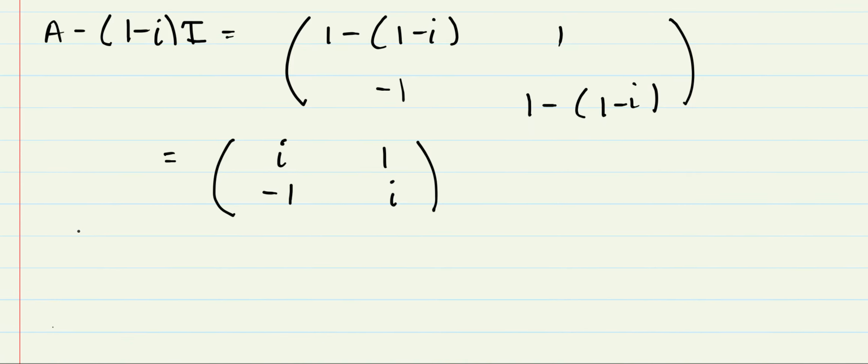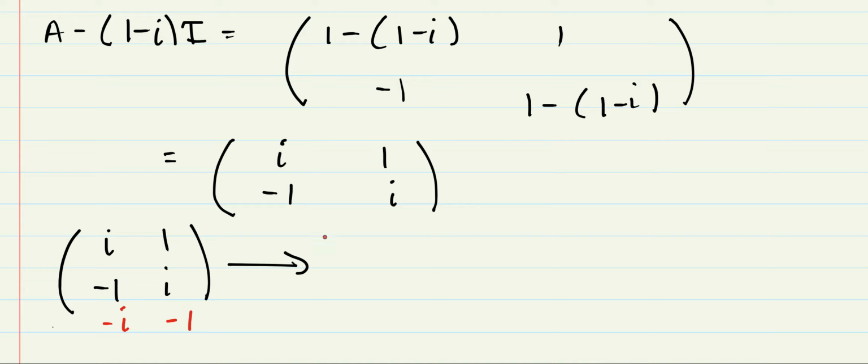Okay? So i, 1, negative 1, i, put it in reduced row echelon form. I'm going to multiply this by an i. So if I do that, I get a negative i, and then a negative 1, and then I'm going to add it to the top. And I get 0, 0, negative 1, i.